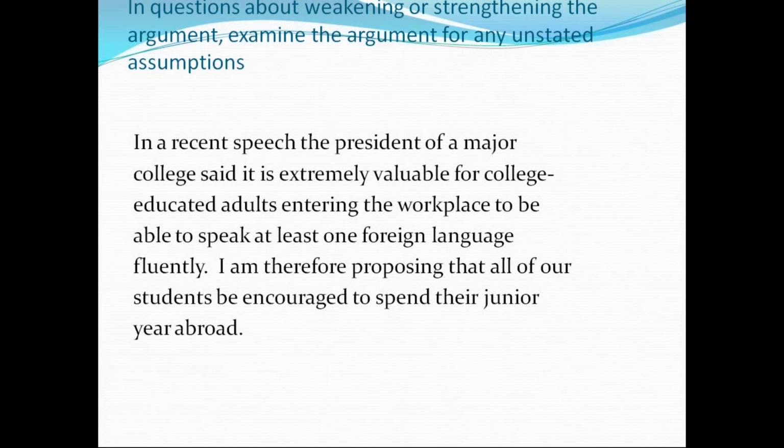What's the problem with the argument? Identify the premise and the conclusion if it helps. I find in the first sentence it is said about college-educated adults. Yep. And in the second, it is talking about their junior year abroad, and maybe the problem is with that.